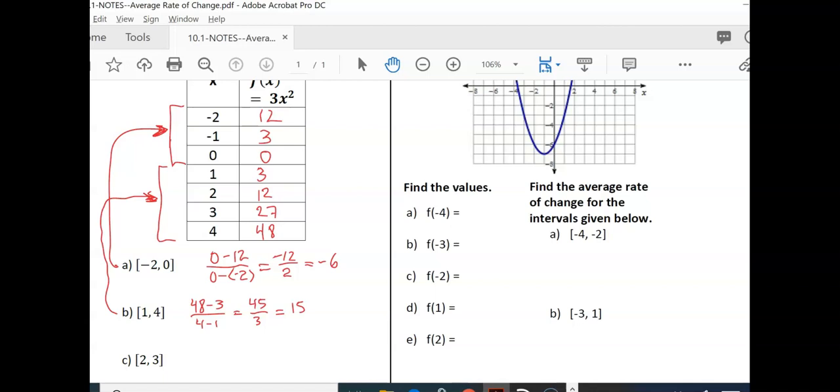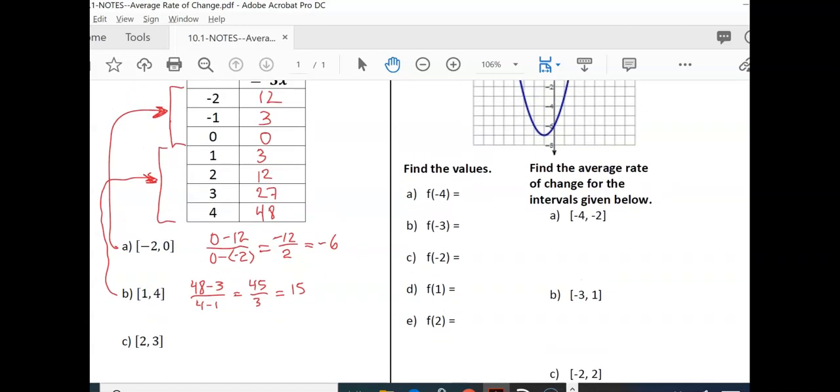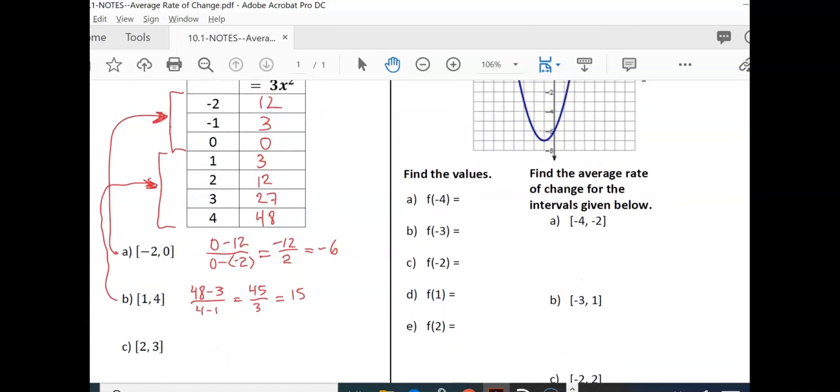And then we've got 2 from 2 to 3. So from 2 to 3, and that's this interval right here.